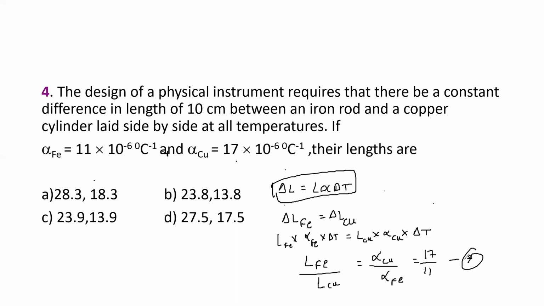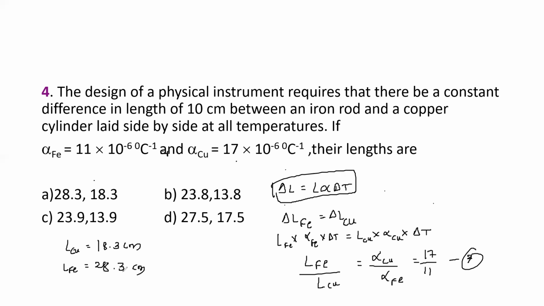When we know it is 17 divided by 11, we can simplify this equation and we will get L of copper is equal to 18.3 centimeter, and for iron it is 28.3 centimeter. Okay, so after simplification, we will get the lengths as 28.3 and 18.3.